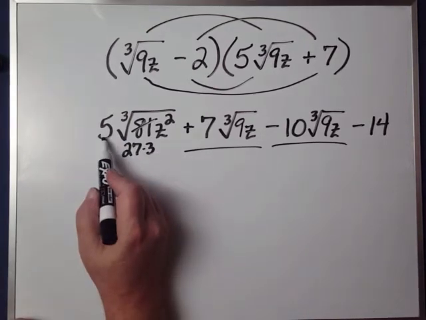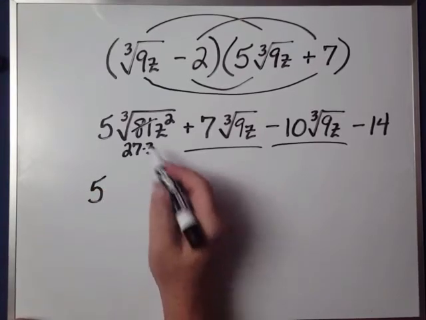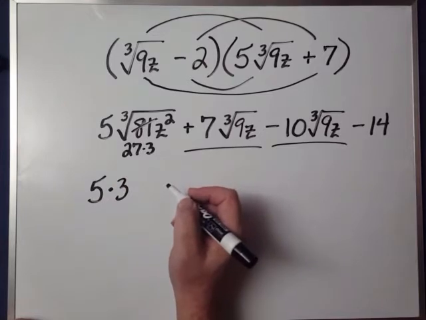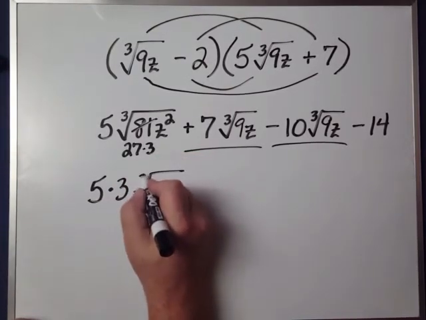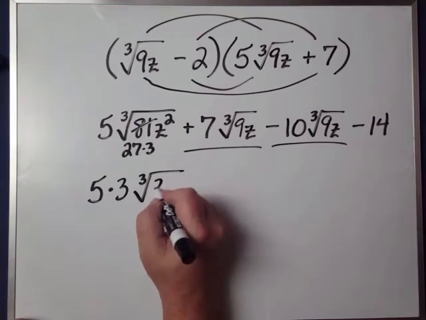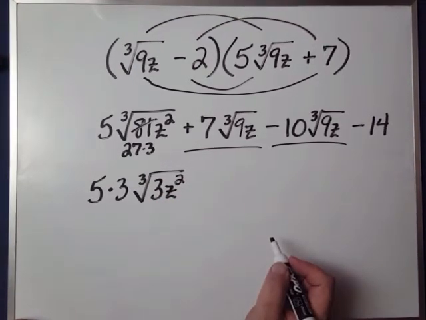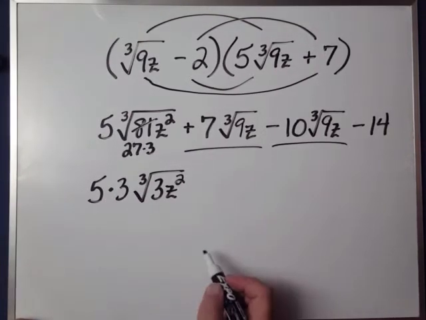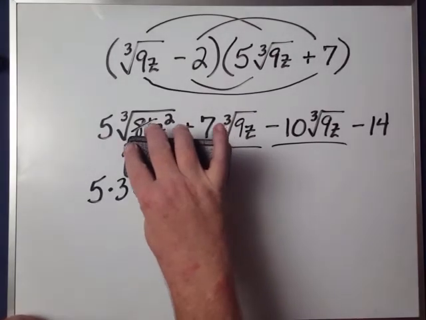So what do we have? We've got our 5 out front. The cube root of 27 is 3. And this 3 has to stay inside, along with the z squared. And we're going to deal with that product here in just a minute. Now, do you understand what has happened here?